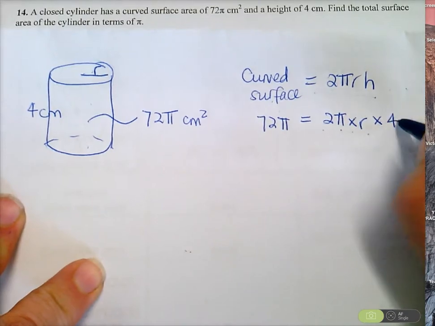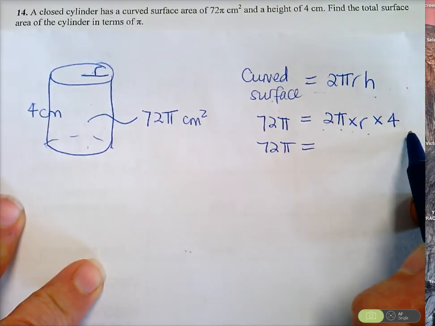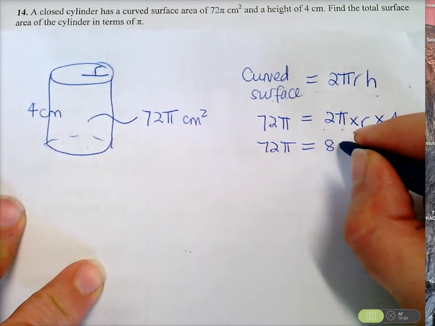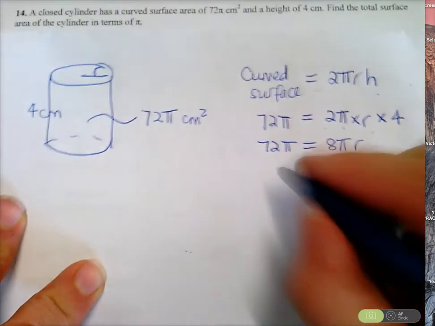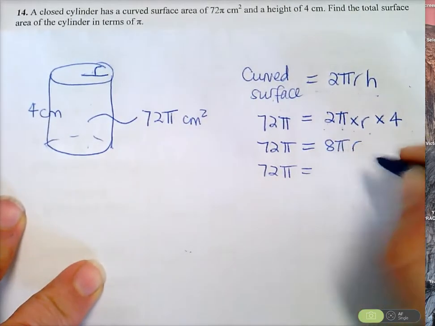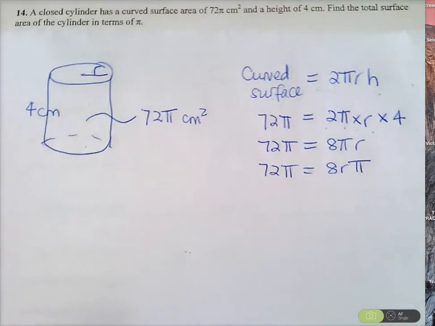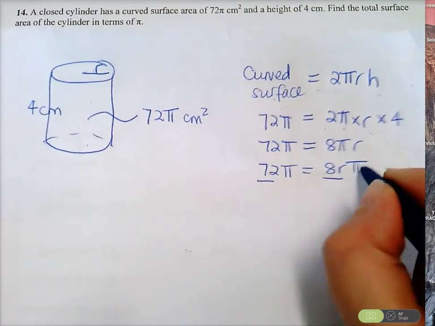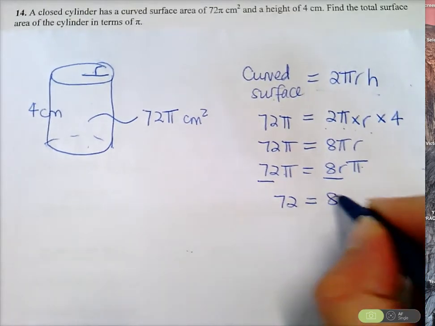What's h? 4. So therefore, 72 pi equals 2 pi times 4 times r. What's 2 times 4? 8. So 72 pi, I'm going to put the pi on the end, is 8r pi. Does that make sense? I like to put the pi on the end because if the pi's are the same, they can cancel. 72 equals 8r.